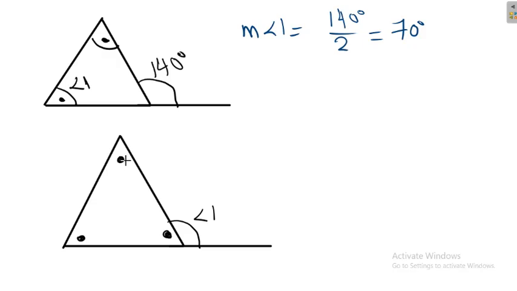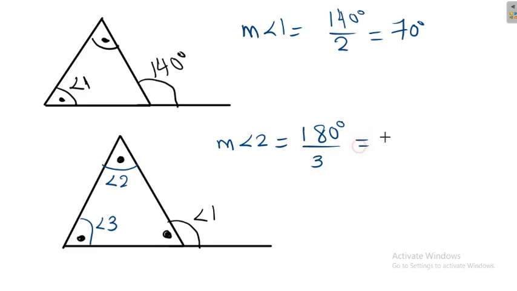Then the summation of all interior angles will be 180. Let's call them angle 2 and angle 3. The measure of angle 2 equals what? 180 divided by 3. Why 3? Because all the interior angles of this triangle are equal. Then the measure of angle 2 will be 60. And the measure of angle 2 is equal to the measure of angle 3, so angle 3 is also 60. So the measure of angle 1 will be 60 plus 60.